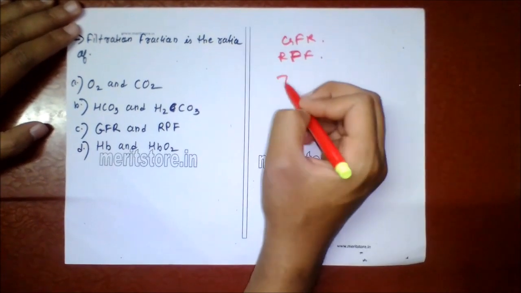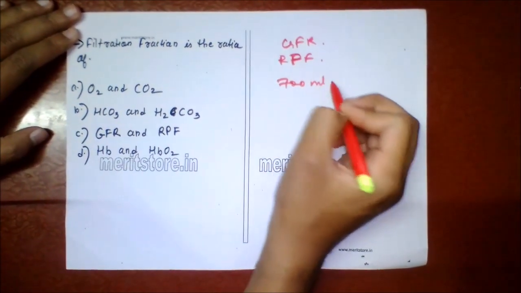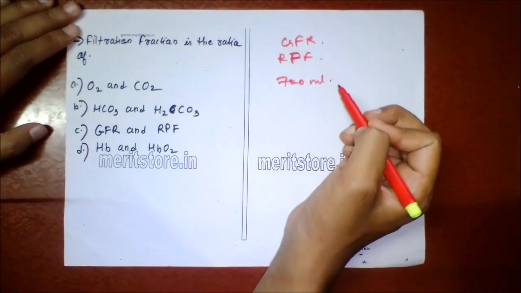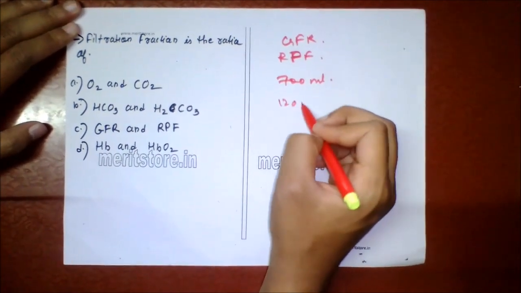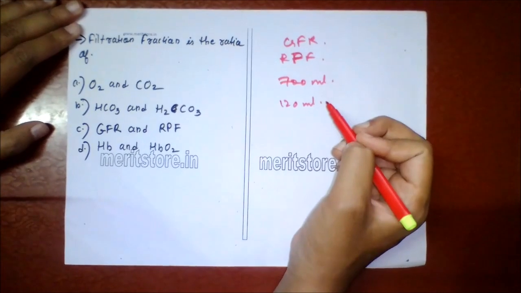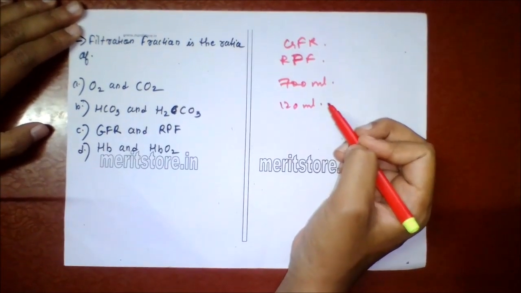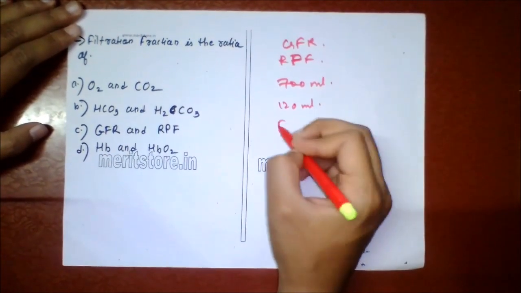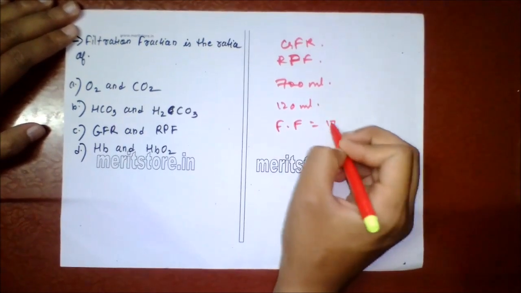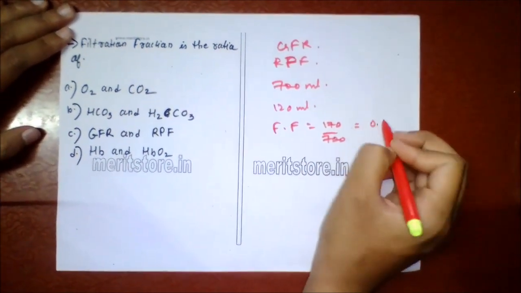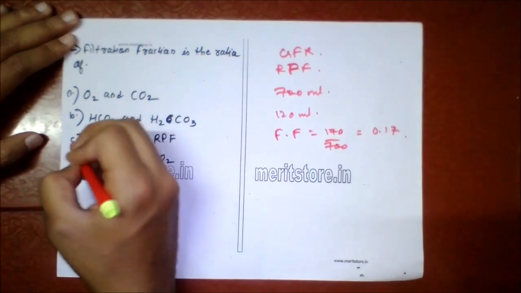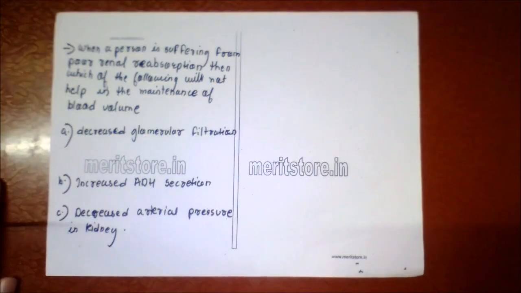About 700 ml of plasma passes through the kidney per minute. Out of this, 120 ml of filtrate is formed by glomeruli per minute. So normal filtration fraction is 120 upon 700, which is about 0.17. So option C is the correct answer.